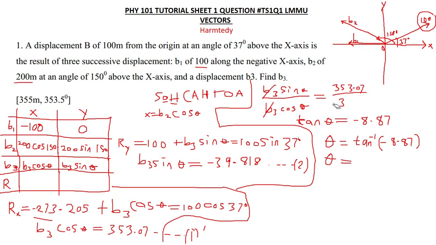Okay, so it's supposed to be negative 39.818 on top, and then here I'm supposed to get, here we have 350.